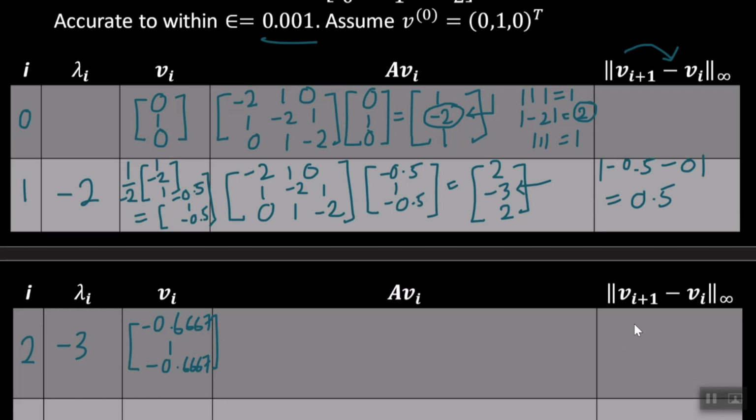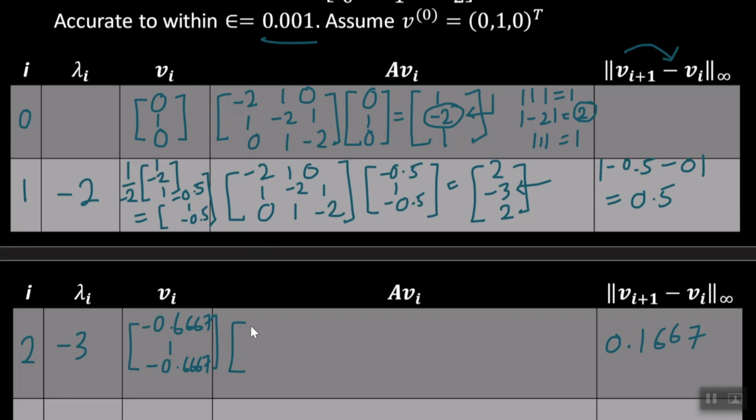And next we would calculate the error. So this value minus this value, the absolute value of it, is 0.1667. And we need to continue with the next iteration.